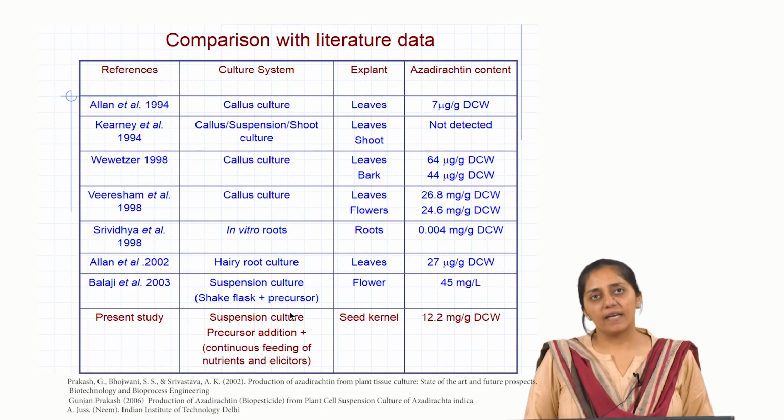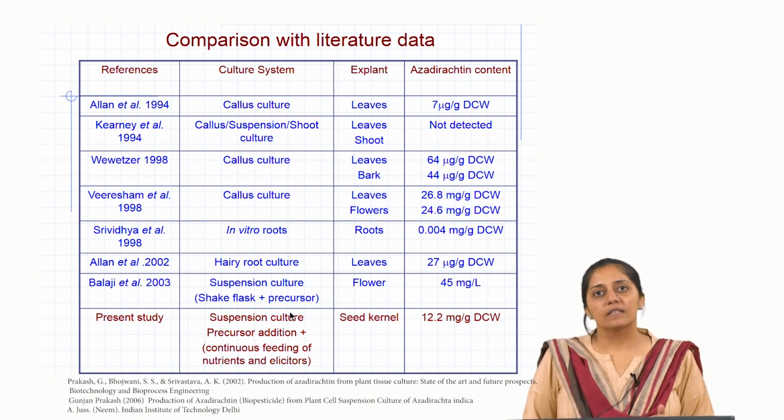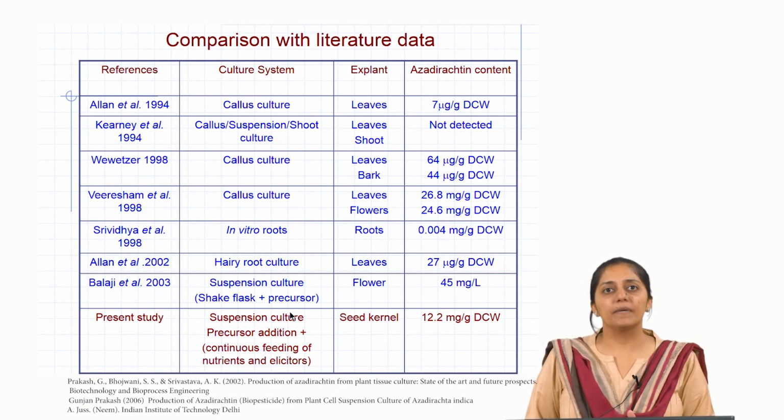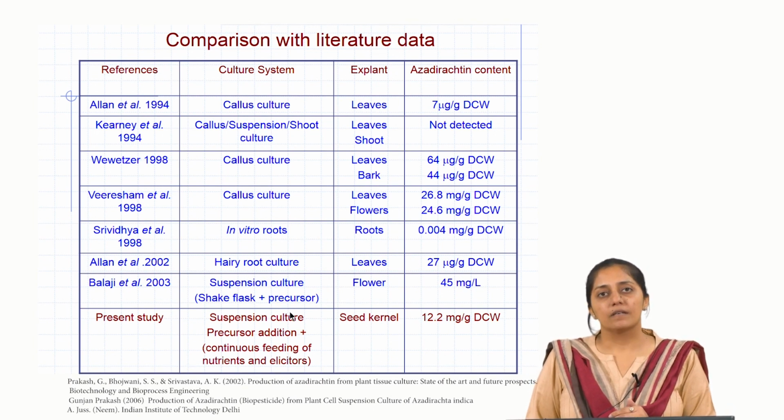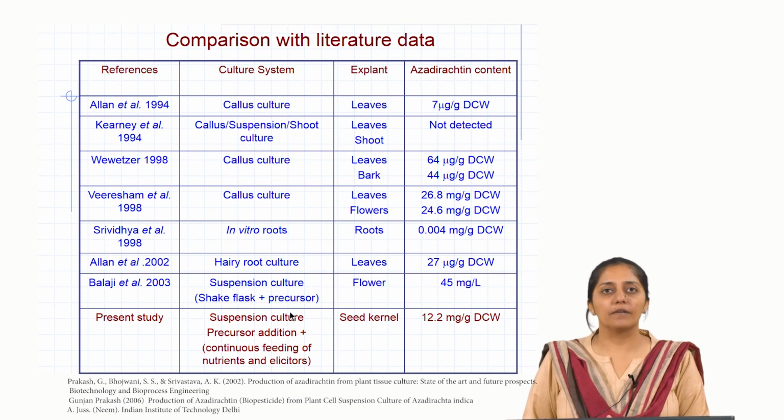If you compare literature, they found that they could achieve maximum yields of azadirachtin in the biomass by using this rational and more systematic manner of optimization.